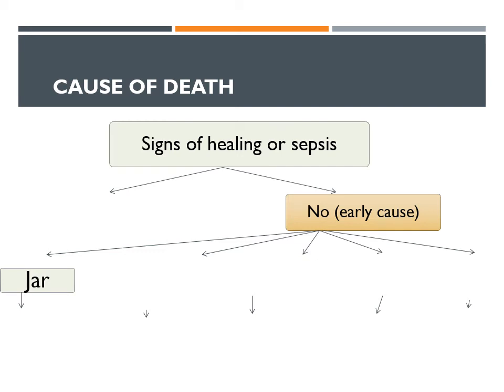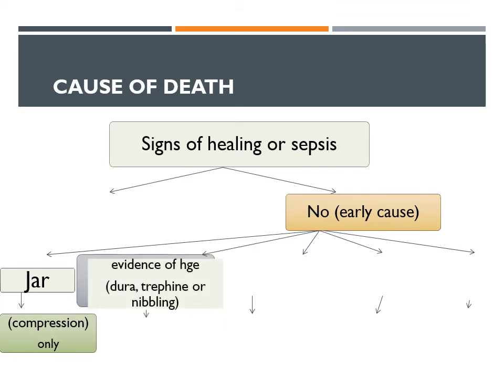If the specimen is a jar, so the early cause of this is compression only. If there is evidence of hemorrhage in the form of dural splitting, in the form of extradural hematoma, or presence of trephine or nippling, so the cause of this may be compression or brain laceration.